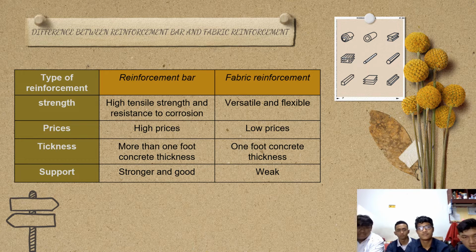The thickness of reinforcement bar is more than 1 foot concrete thickness. Meanwhile, the fabric reinforcement thickness is 1 foot concrete thickness. And the last one is the support of reinforcement bar is stronger and good. Meanwhile, the fabric reinforcement is weak.